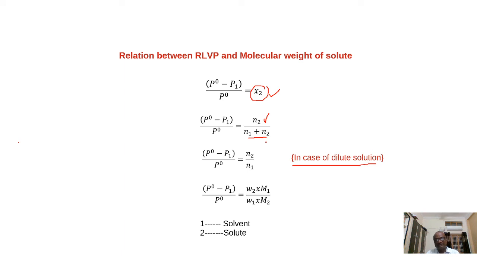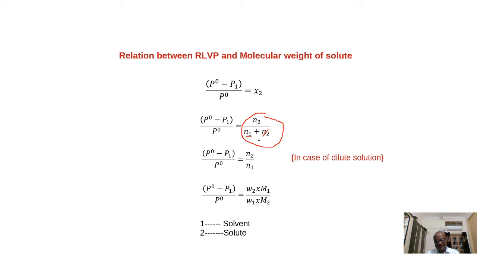So in a very dilute solution, the number of moles of solvent is greater than the number of moles of solute. So in this fraction, we can neglect N2 compared with N1.